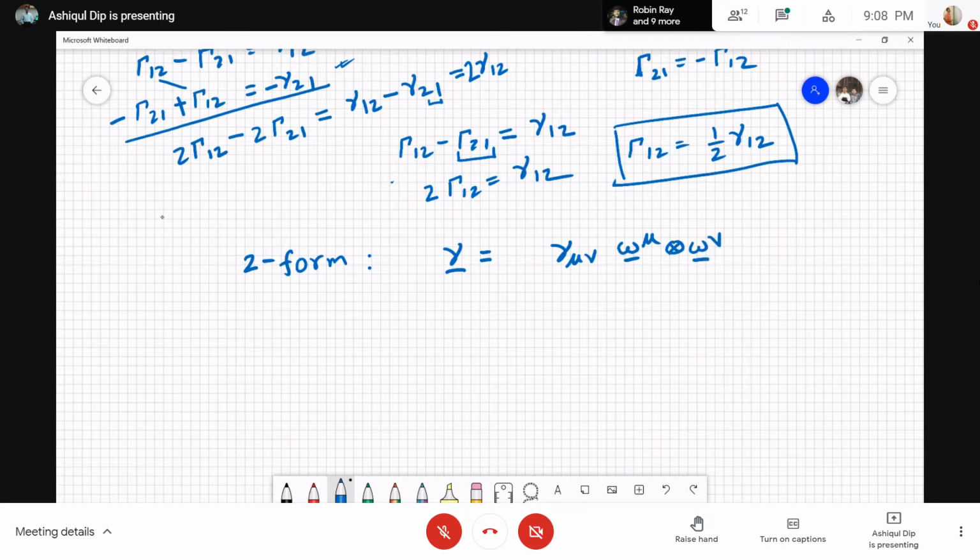But if you want to write the same thing in terms of wedge product, the basis of two form itself, then you have to be a little bit clever by putting this half in front of it. So half gamma mu nu omega mu wedge omega nu. This gamma and this gamma are same.